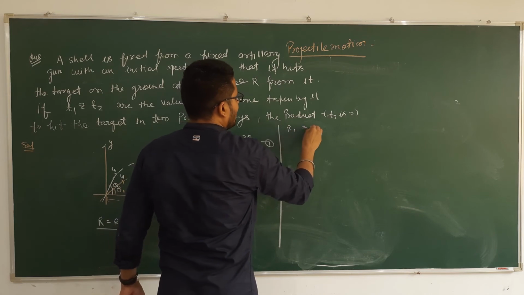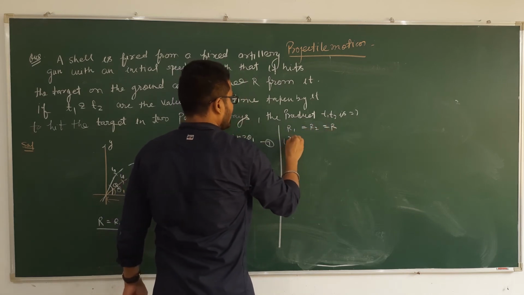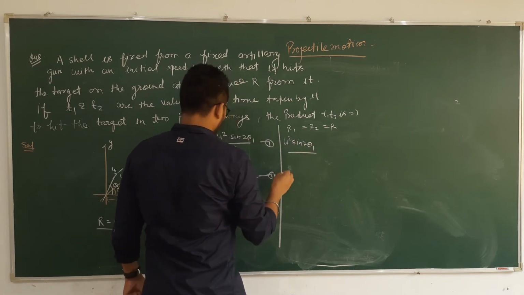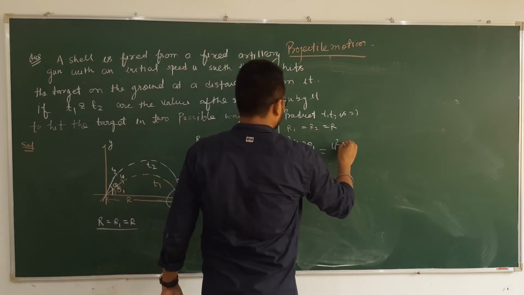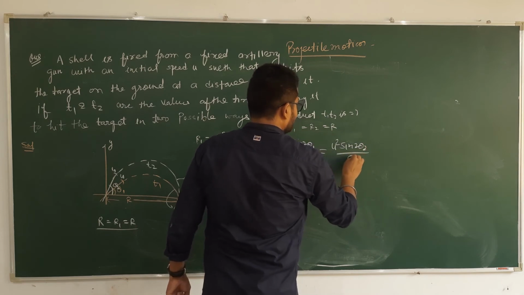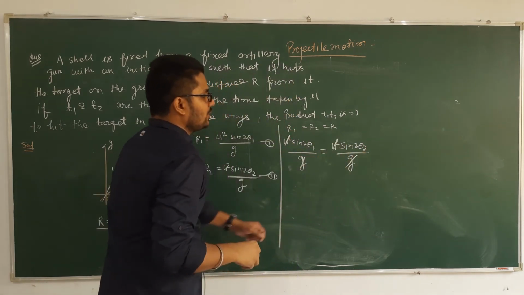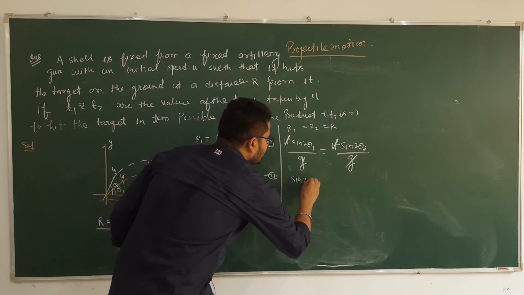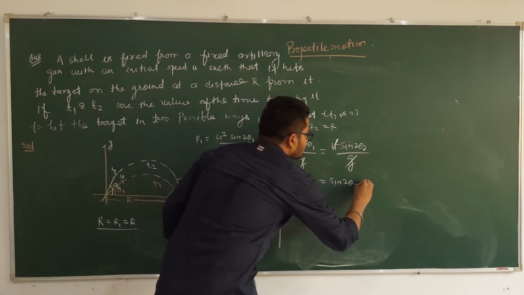So u square sine 2 theta 1 upon g equals u square sine 2 theta 2 upon g. This cancels out.